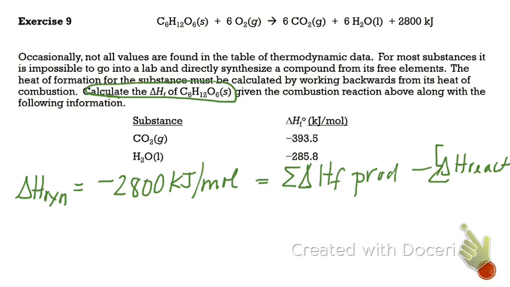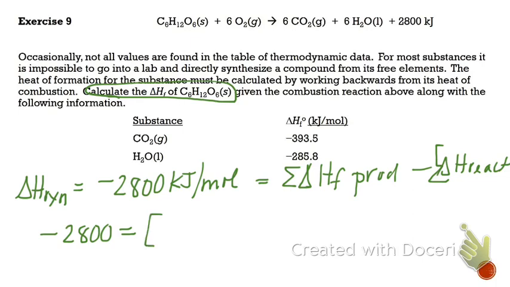Okay. All right. So plug in what we have. So we have negative 2,800 is equal to 1 mole times negative 1676. I'm sorry. Guess what? That's the previous problem. I was like, that does not make sense. Yeah, okay. That's the previous problem. Sorry about that.